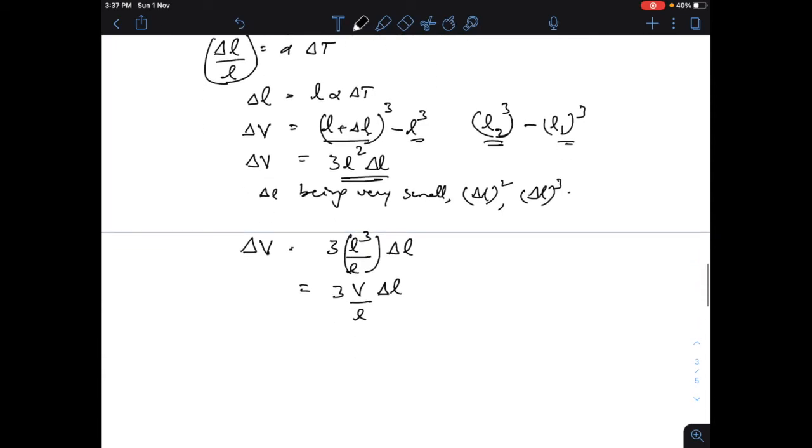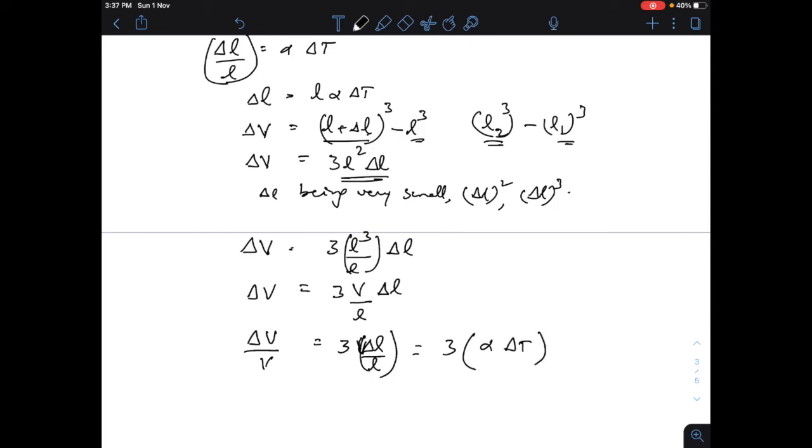So I will take this V here. Delta V by V is equal to 3 times delta L by L. And delta L by L is what?